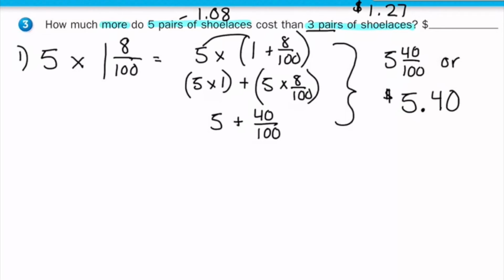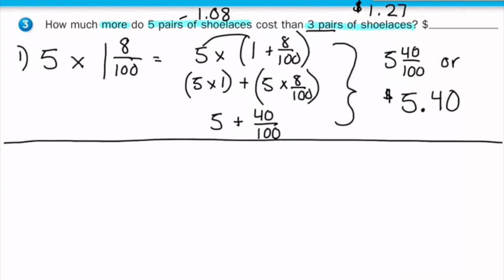Now, if he only bought 3 pairs of shoelaces, it would cost him $1.27 because he's not buying a large quantity, so he doesn't get the discount. So I'm going to do a line here.